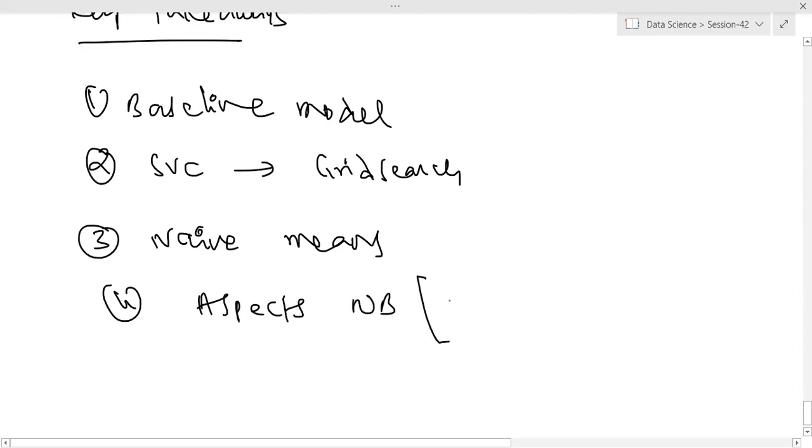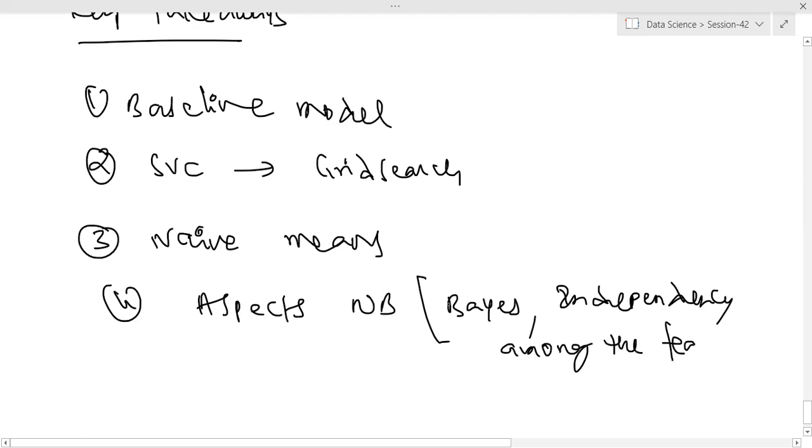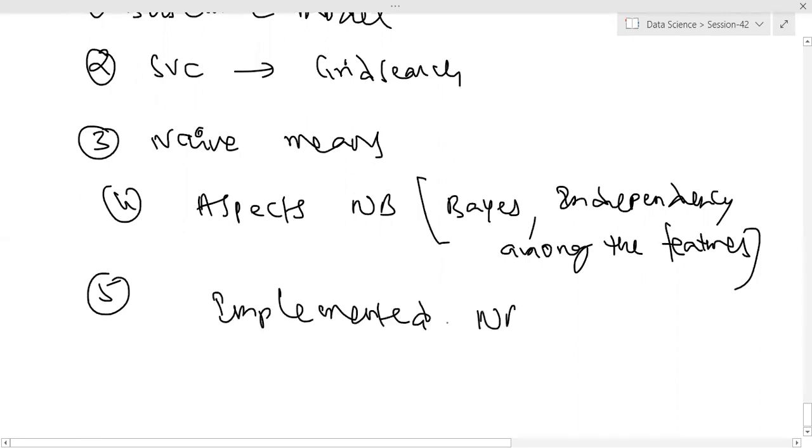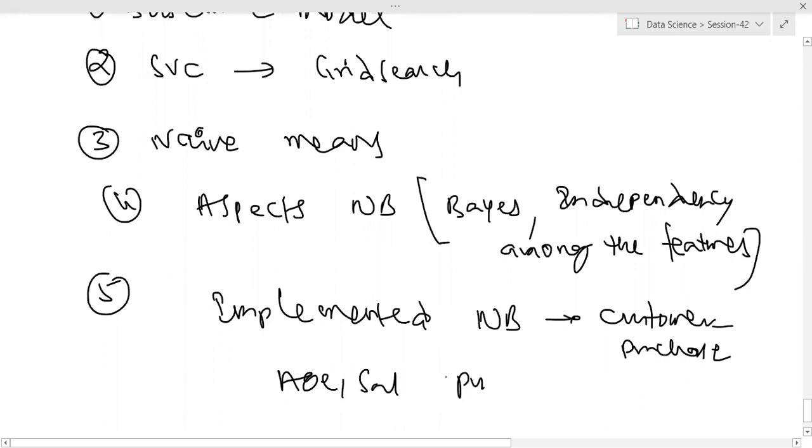Two important things: one is the Bayes theorem, and the second, friends, is independence among the features. The next important thing is that we have implemented NB on top of this customer purchases data with age and salary, whether that guy purchased or not.